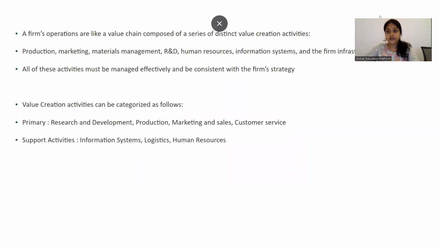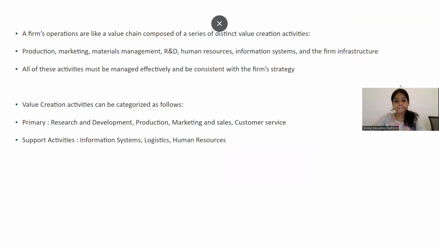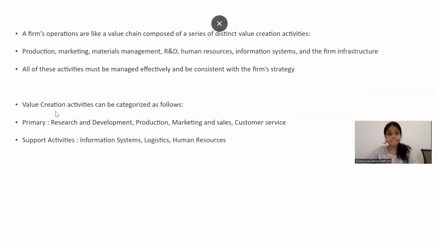Right. So let's look at this. The firm's operations are like a value chain composed of a series of distinct value chain activities, which could be production, marketing, materials management, research and development, human resources, information systems, and the firm's infrastructure.